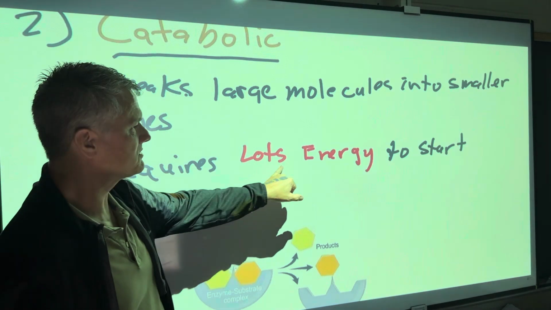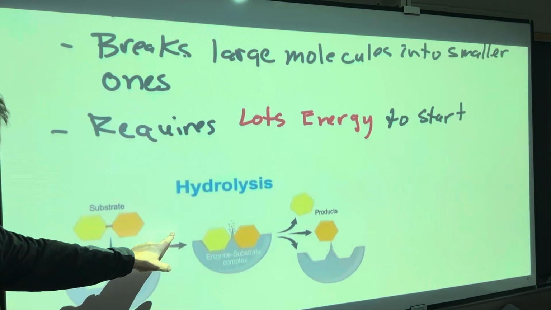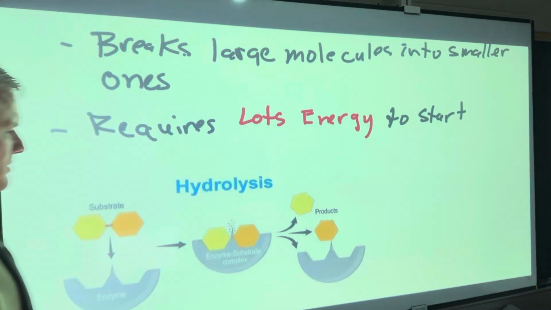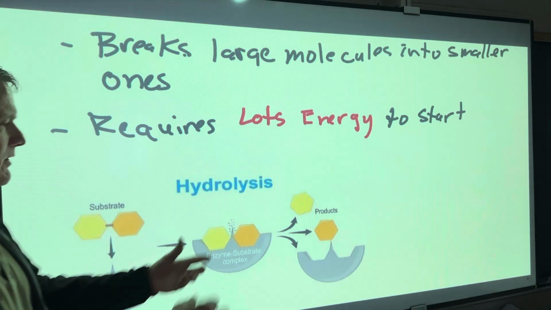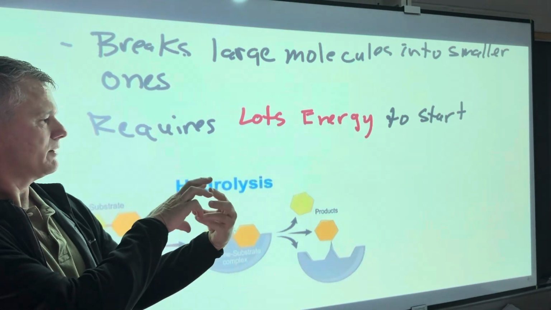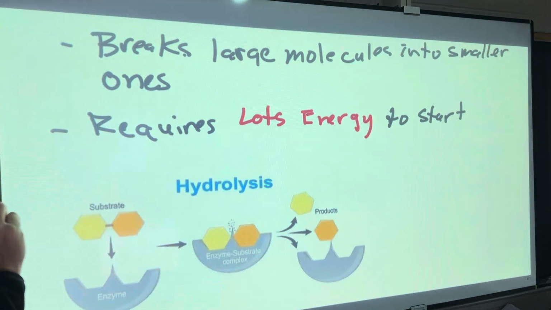Now, you know this term, hydrolysis. Remember, we talked about that. That is water splitting. So this is where the body would, say, break down a protein strand. It'll get into where the amino acids are. It'll add water to it. It'll use the water, and it'll split the protein strand apart, right?